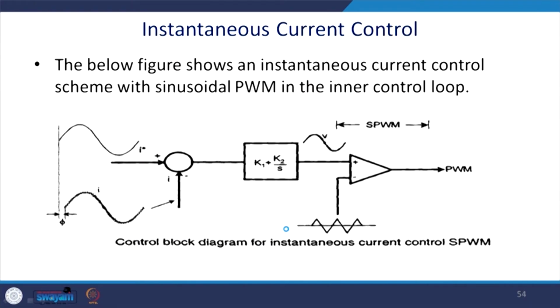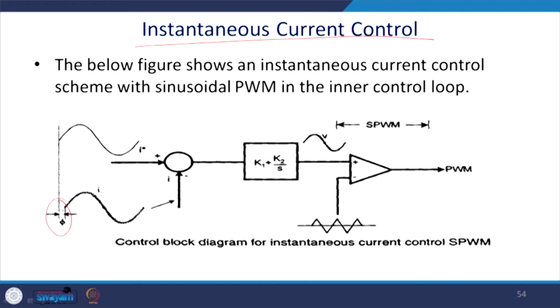So, what happened? This is an instantaneous current control. In this case you have a reference sine wave, and generally you will start with a delay because you cannot start immediately. So, you have to match it.